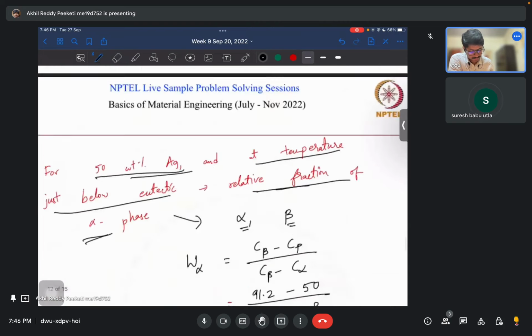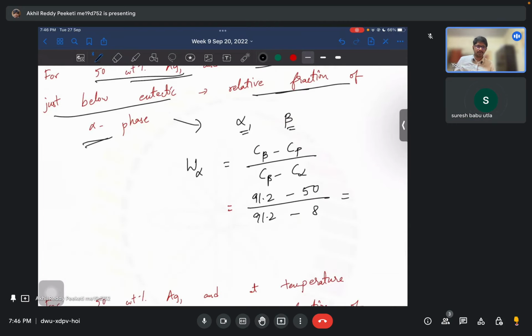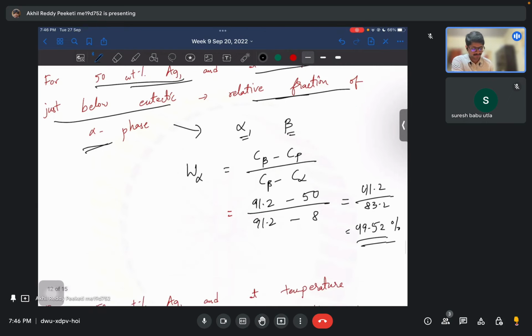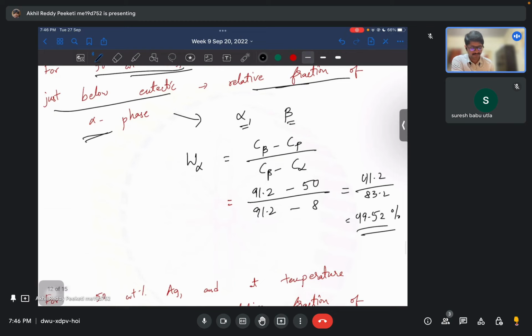So this would be the total fraction of alpha phase: 49.52%. So just below the eutectic point, you will have alpha phase of 49.52% and the rest would be beta phase.